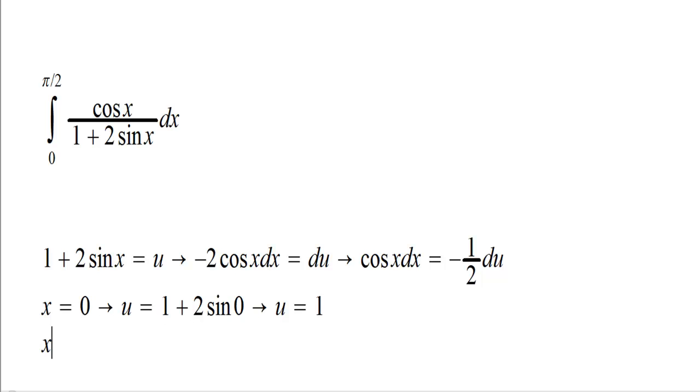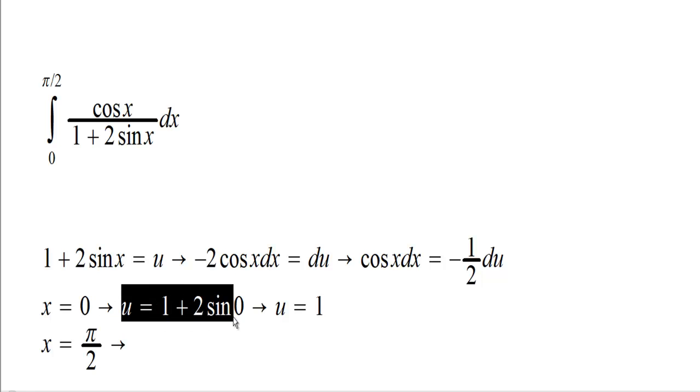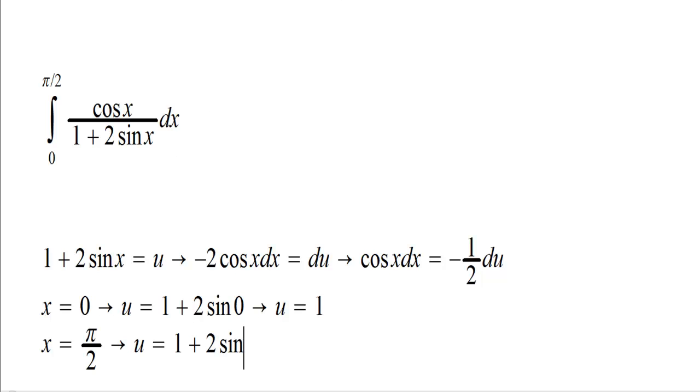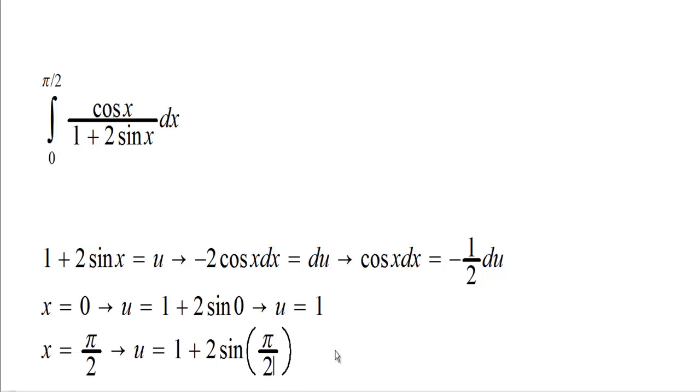Very nice. Now when x is, what was the upper portion? Pi over 2, right? Then we get u equals what? All that applying on who? Pi over 2, right, sir? How much is sine of pi over 2? 1. Very nice. So u becomes how much then? 1 times 2 plus 1, 3. 3, right?